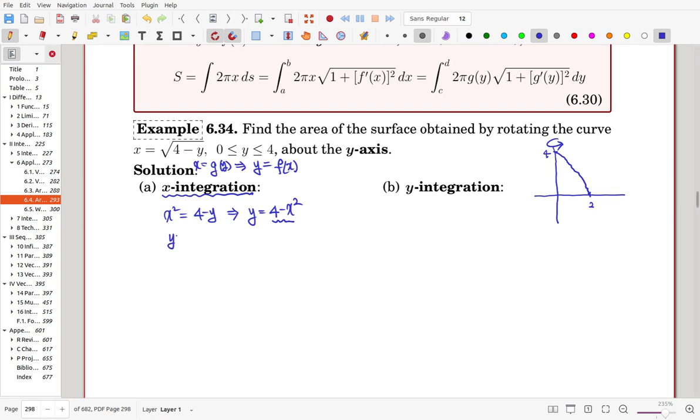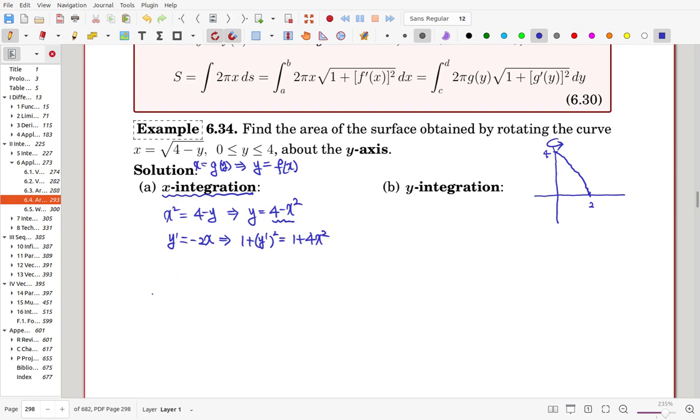So y prime equals minus 2x. From this one, 1 plus y prime squared equals 1 plus 4x squared. Right? Okay.